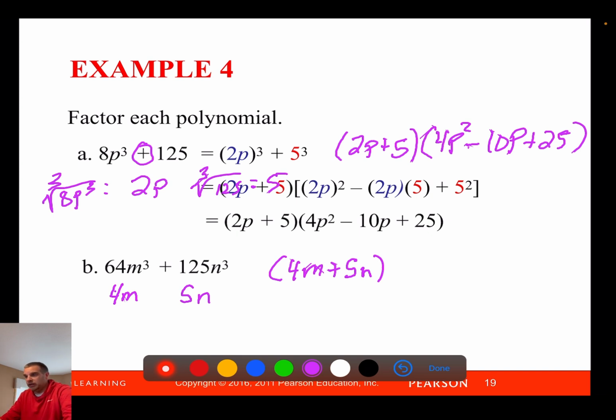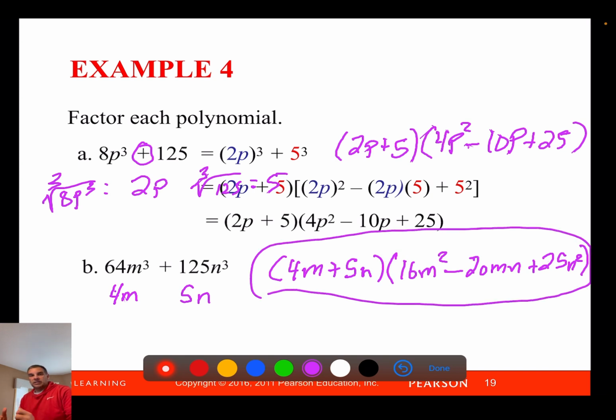Now I have to square 4m. 4 squared is 16, so that's 16m squared minus 4m times 5n is 20mn plus 5n squared is 25n squared. And that's your solution.